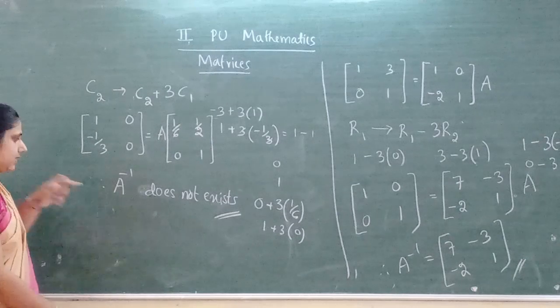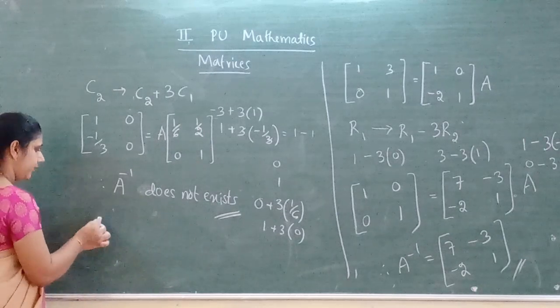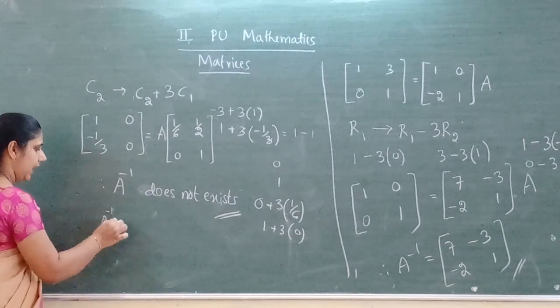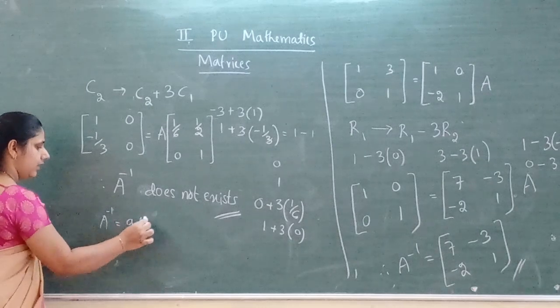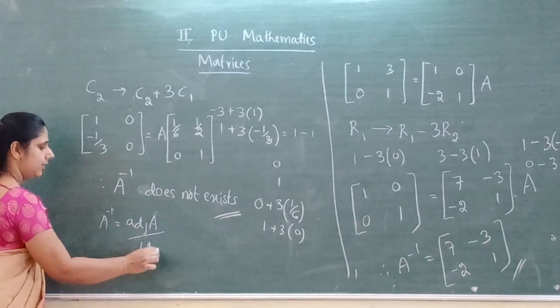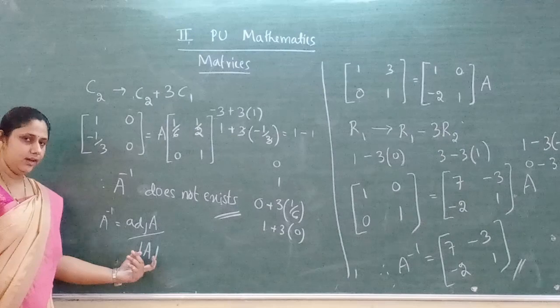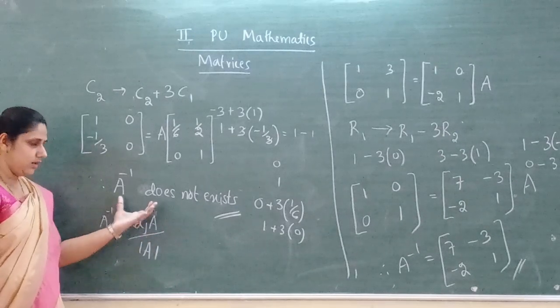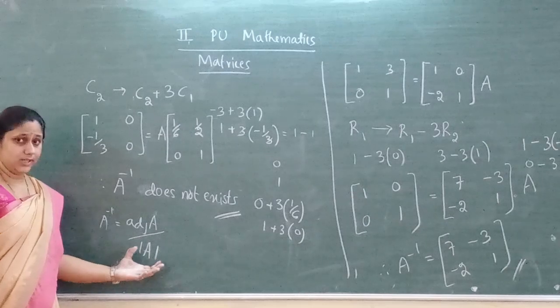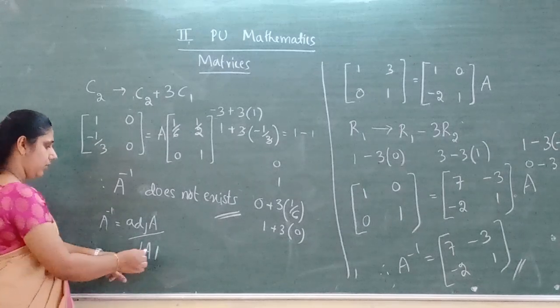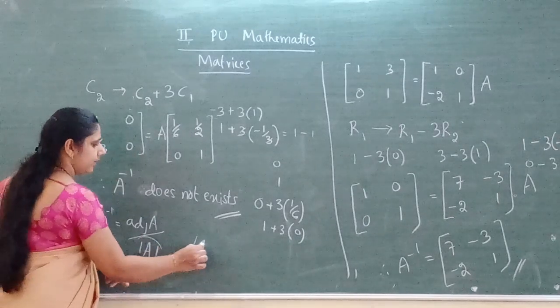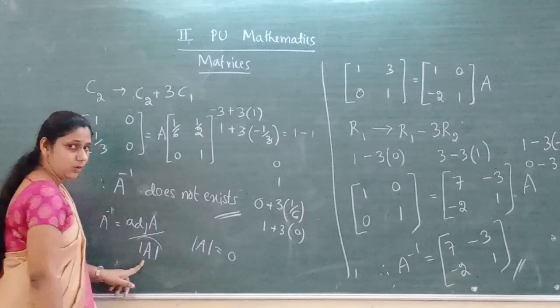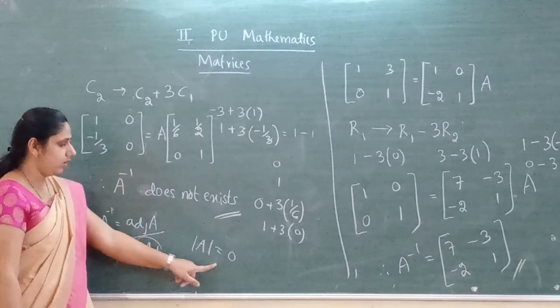Why does A inverse not exist? We have the formula A inverse equals adjoint A by determinant A. So if determinant A equals 0, then some matrix by 0 is not defined, right? So if determinant A equals 0, then A inverse does not exist.